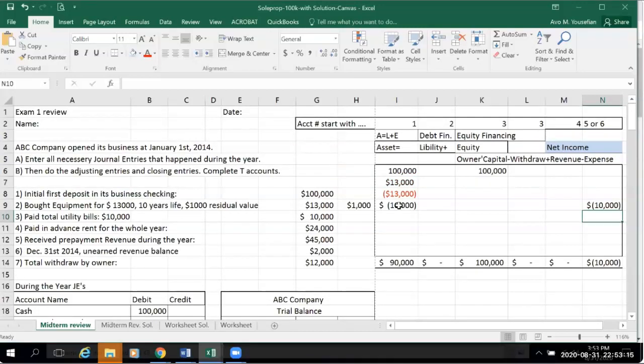Cash is also decreasing, so that has a negative effect on your asset. So your asset is going down, expense is increasing, which means equity is going down. As you see, on both sides of the equation I am still equal. 90 here, 90 here.